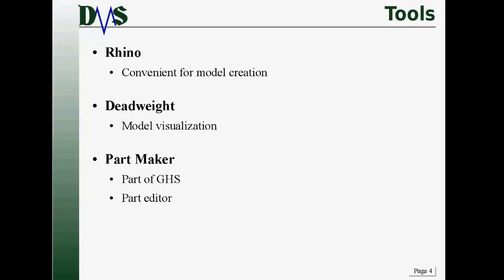And then GHS uses that vessel with a series of run files and commands to perform different analyses. So clearly step one to any analysis is you first have to create a geometry file that models your vessel.